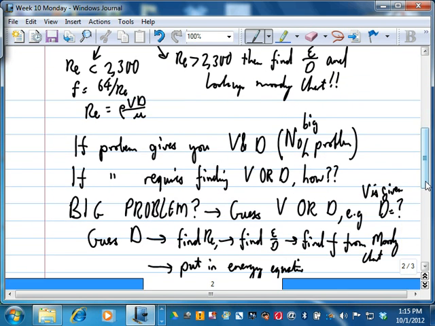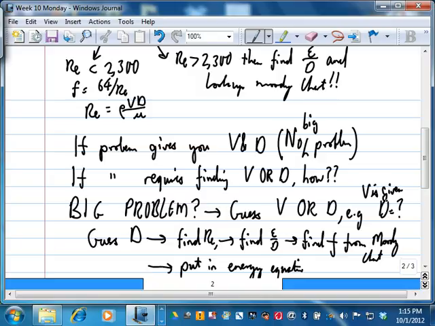If the problem requires finding V or D, you can guess V or D. Once you guess one, you may be able to work out the other. Normally they give you a velocity and ask you to work out the diameter for a given problem.